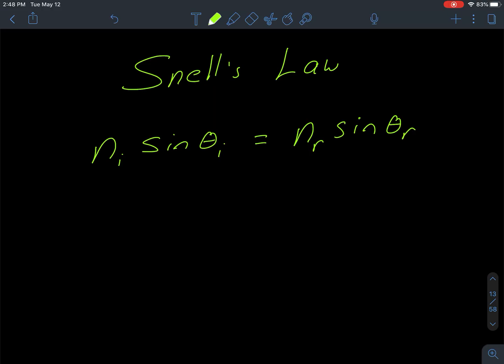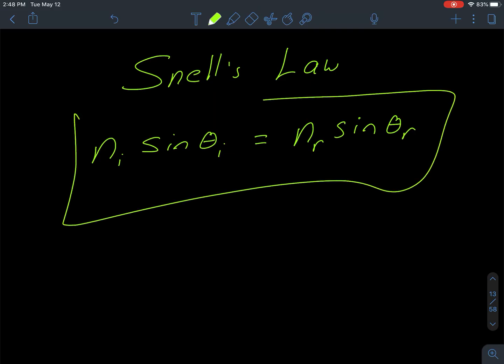And this is essentially, if we rearranged it, comparing the relative speeds with the angles that the light is going to be bending at. So really easy lesson, knowing just Snell's law. You would be given this on our test or quiz in class, or on Schoology.